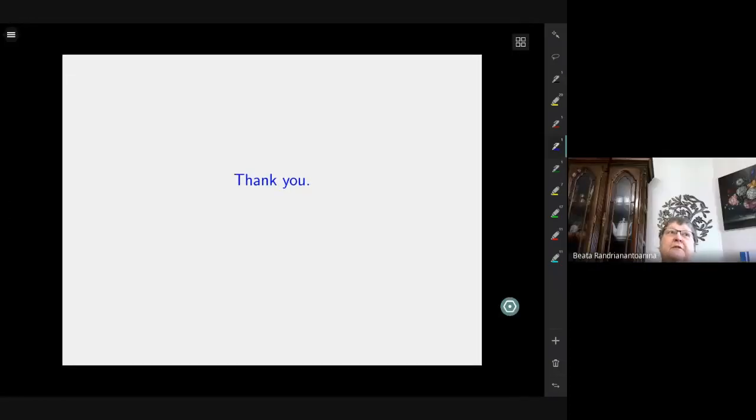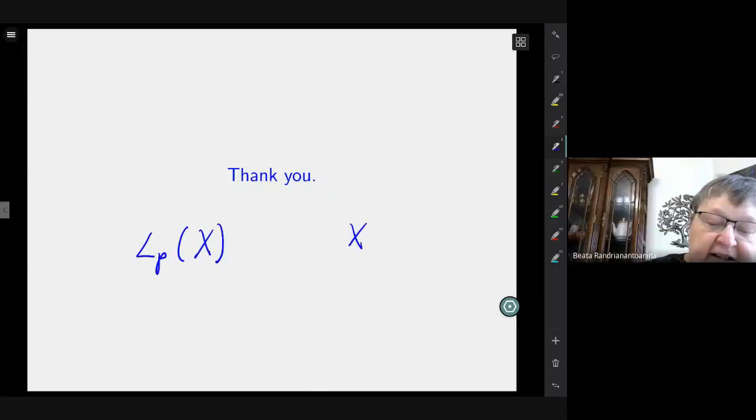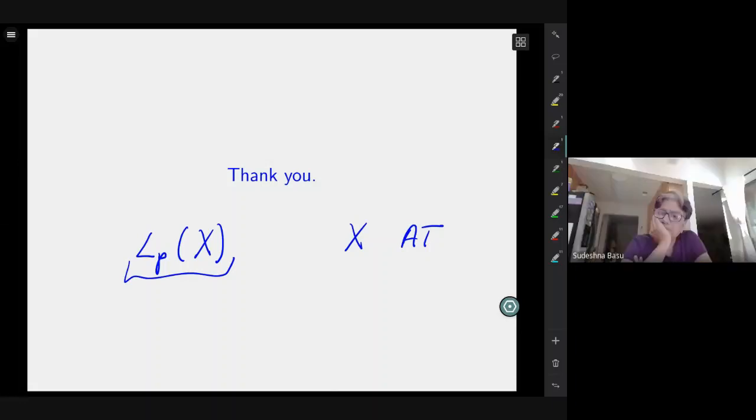Not only finite LP sum, well, actually, I am sorry. So let's be careful over here. I mean what Jamison and Kamiska proved is that if you take LP of X, and X is almost transitive, then that Bochner space is also almost transitive.